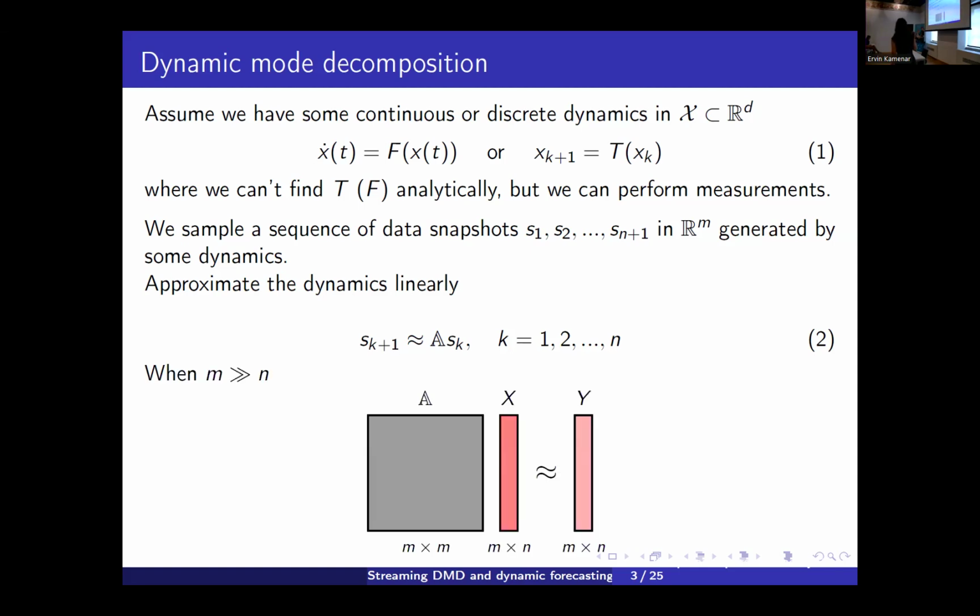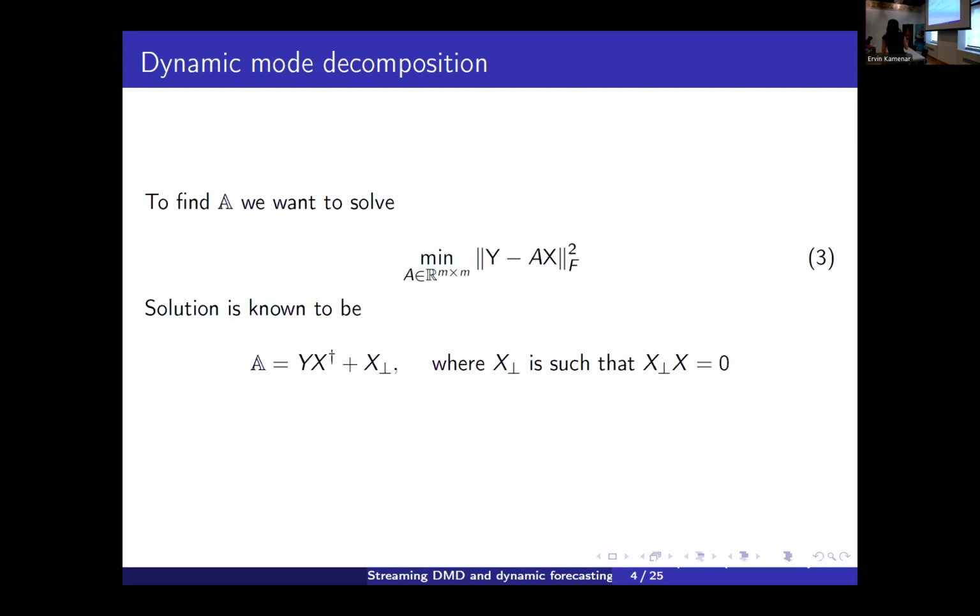Now I will focus on the case when we have snapshots of high dimensions. So the snapshots are longer than there are of them. So the data matrices are very tall. And in this case, we have an underdetermined problem because A is very large and we have a bit smaller amounts of data.